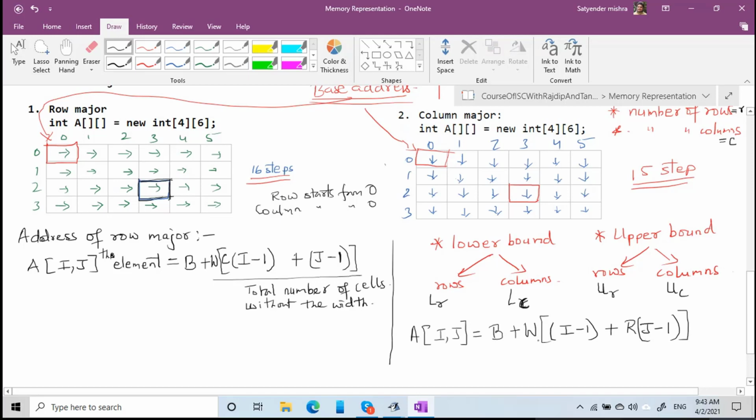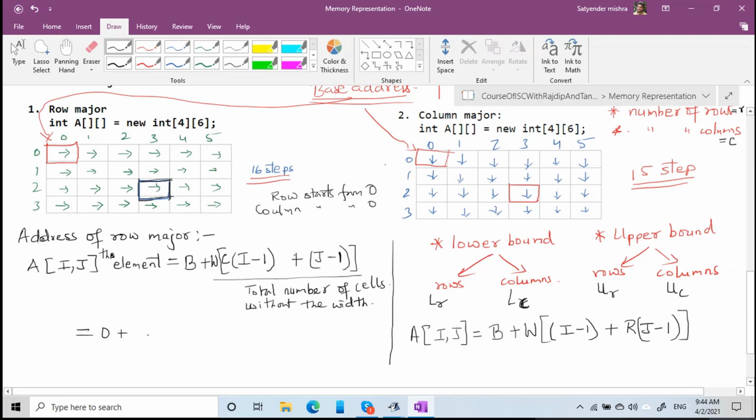So this is the formula for column major, correct? To reach this place, this is the formula. If this is the start, the base address is 0. If the base address is 0, then what is this address in row major?